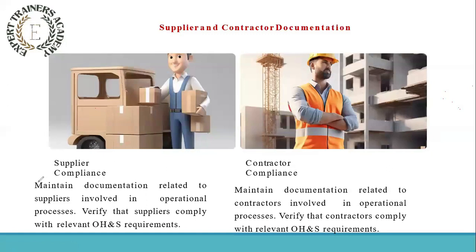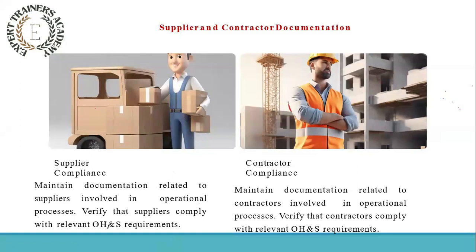Supplier and contractor documentation. Supplier compliance. Document information. So maintain documentation related to supplies involved in the operation process. Verify that supplies comply with relevant OH&S requirements. They also provide documents such as risk assessment for the product that's supplied, or they provide the chemical safety data sheet for the chemicals that they supply.